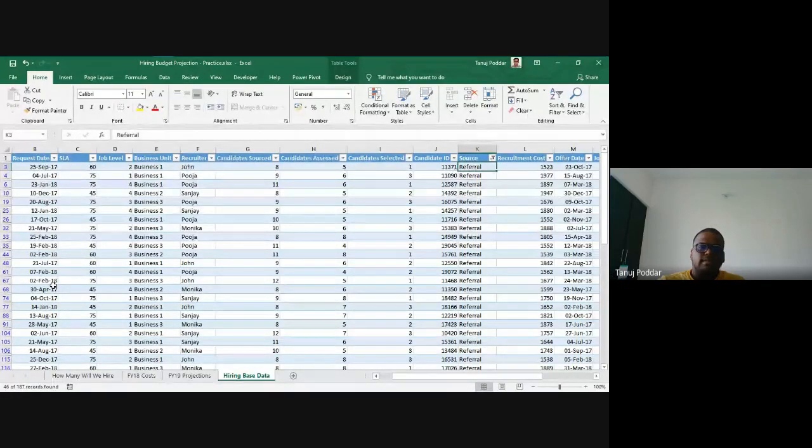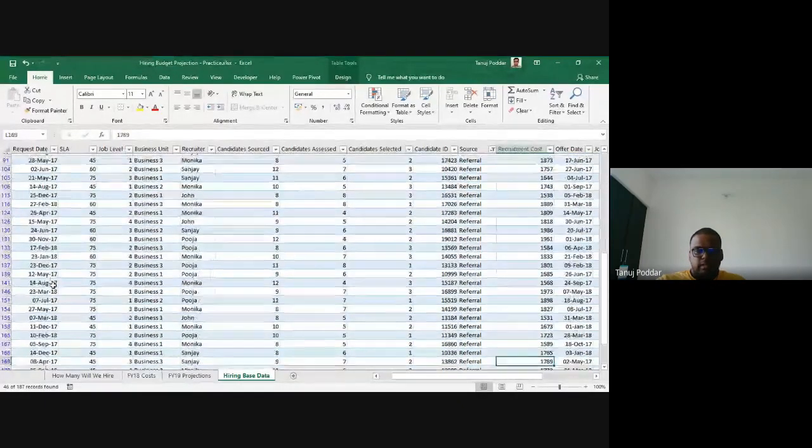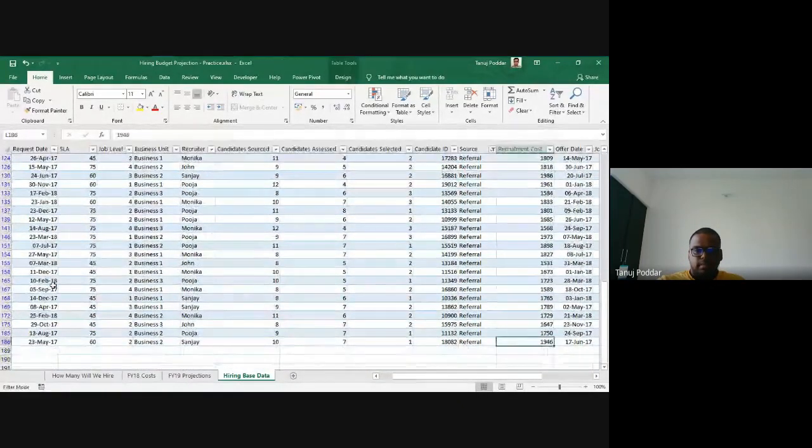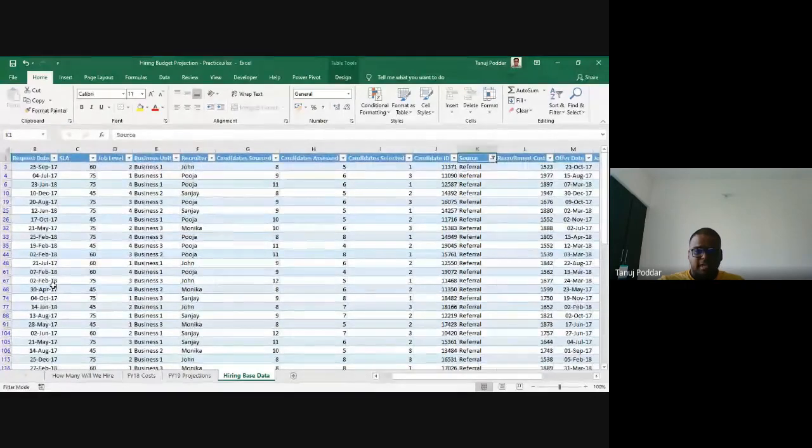That is what I try to capture here: for a referral, there is some cost associated, which is the bonus we give to the employee for sourcing a person for us by giving us a referral, right? So these are the two things that will have costs associated.